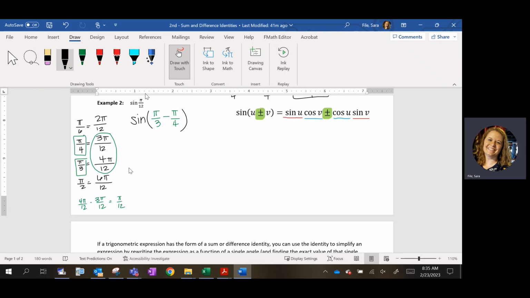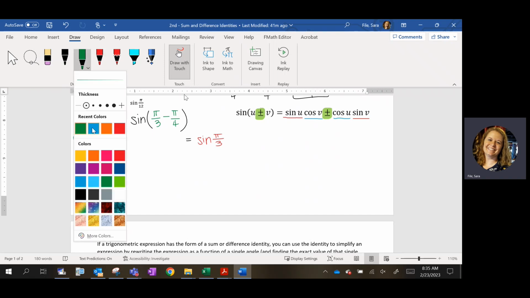So now that I've figured out what angles I'm using, now I can do what I did on the last one. I'm going to plug everything into this identity. So I'm going to do sine of the first angle, which is the pi thirds. Now this is the one that mixes sine and cosine together.